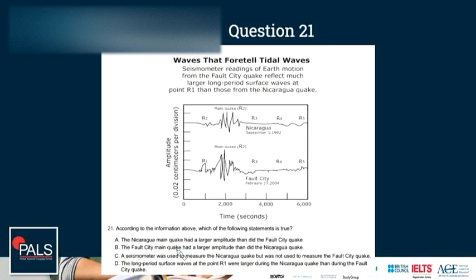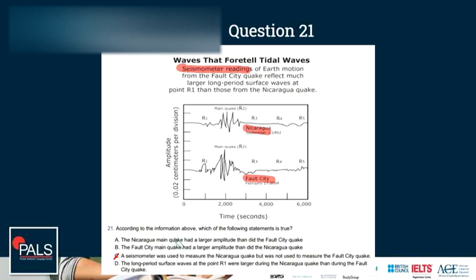The fault city main quake had a larger amplitude than did the Nicaragua quake. A seismometer was used to measure the Nicaragua quake, but was not used to measure the fault city quake. Well, we can exclude that one. Both were determined by a seismometer. It says here seismometer readings for both quakes, Nicaragua and fault city. The long period surface waves at the point R1 were larger during the Nicaragua quake than during the fault city quake.